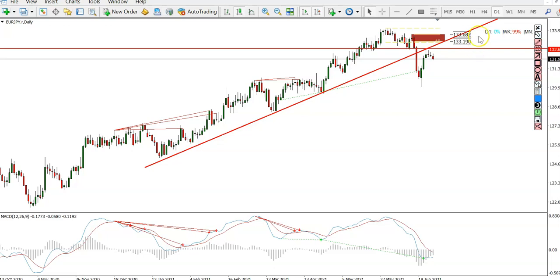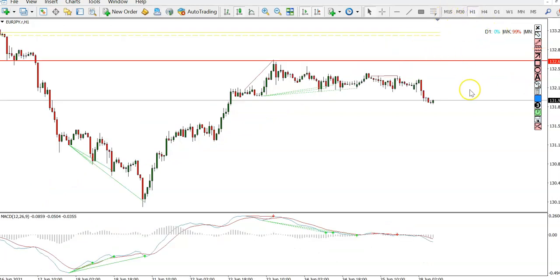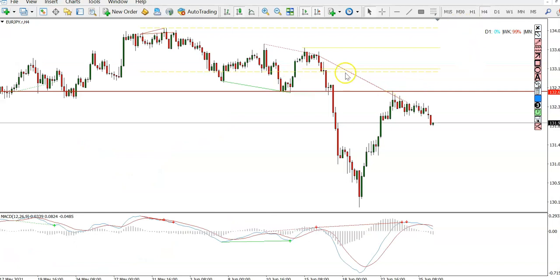So I'm looking to get into this trade at 132.900 or on a 1 hour or 4 hour divergence. I'll let this come back up towards my entry price of 132.900, and I'll look for likely a 4 hour divergence. We actually got one there last week, so this is looking good for a sell-off.